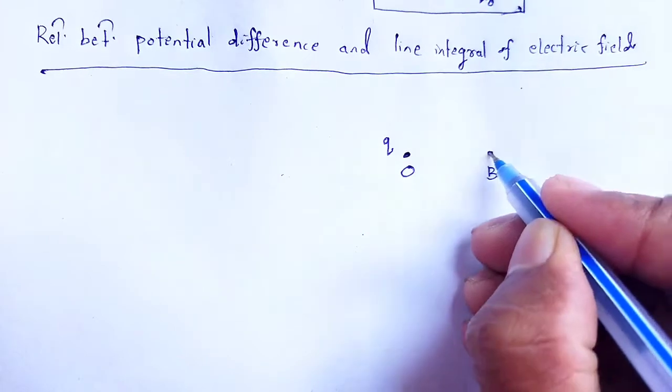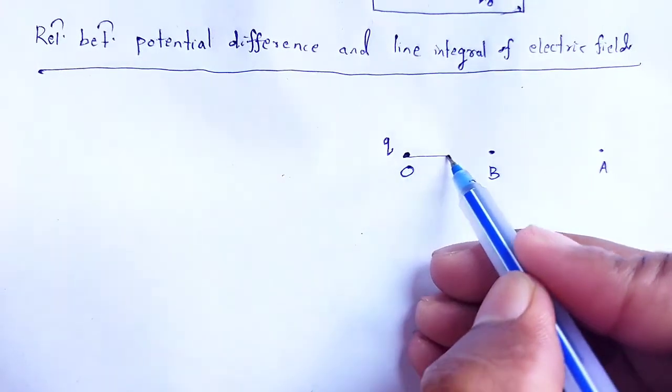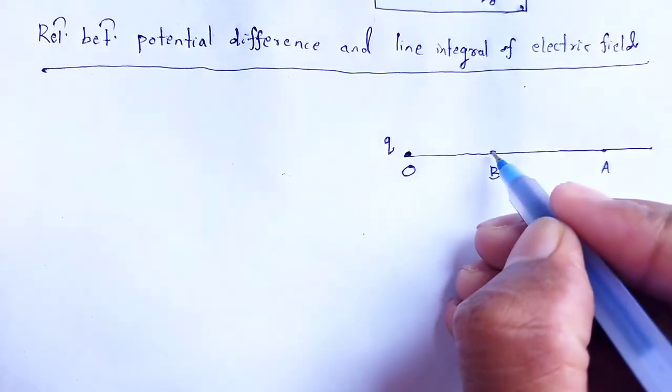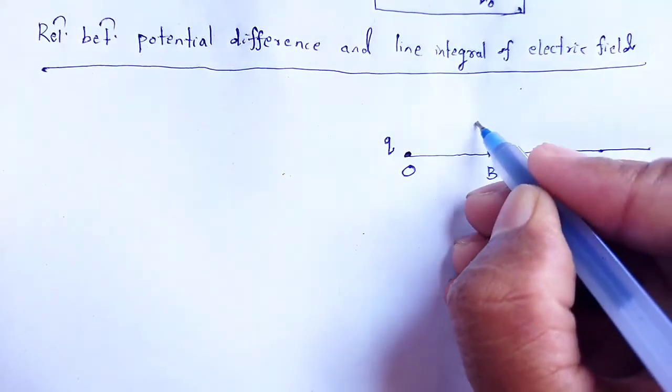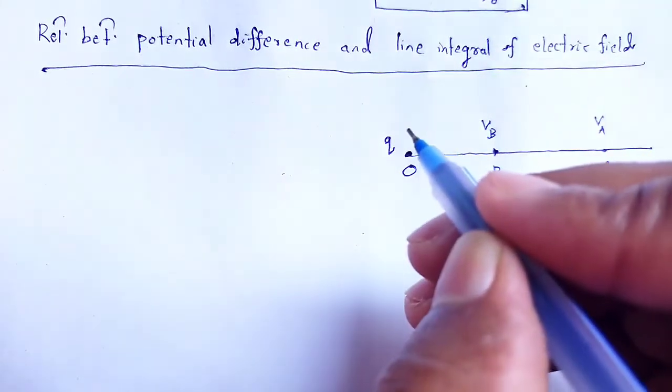One is point B, another one is point A. And the potential at point B be VB and potential at point A be VA.